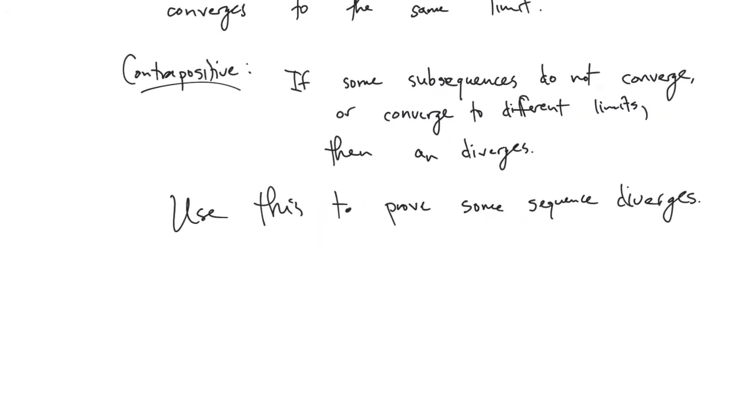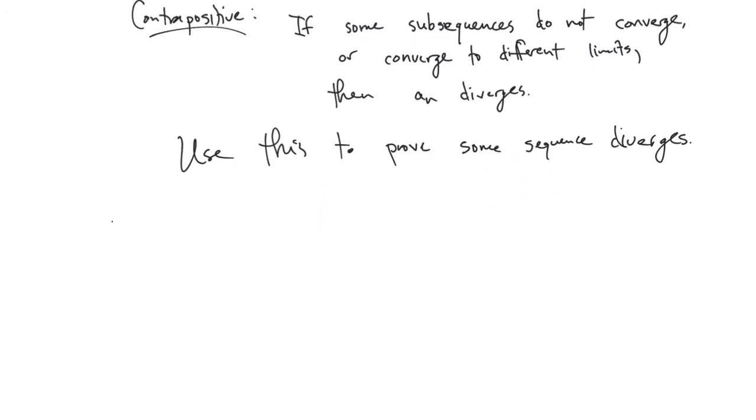How about, we did this example using the definitions, but you'll see this is easier to do using this little theorem here. So a_n equals minus 1 to the power n. That is minus 1, plus 1, minus 1, plus 1, etc. Now, using the definitions, this is not so hard.